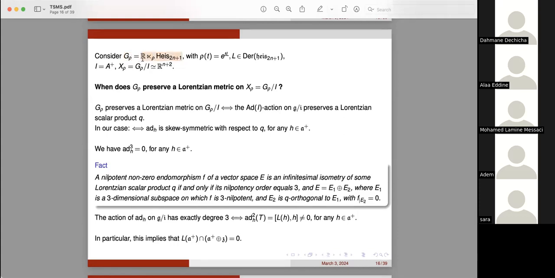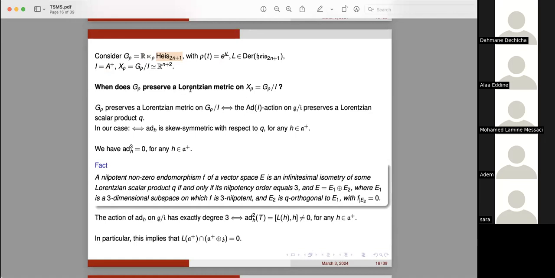And so I consider an R extension of the Heisenberg group of dimension 2n+1, which acts through a one-parameter group of automorphisms of Heis, which we can write this way, exponential of some derivation. So the isotropy here is some abelian subgroup of the Heisenberg group of dimension n.